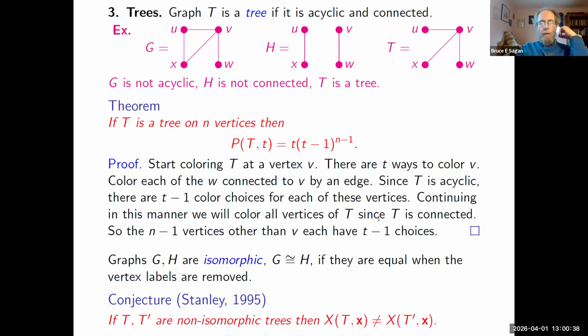Again, I don't know of other conjectures or statements for non-isomorphic graph families.